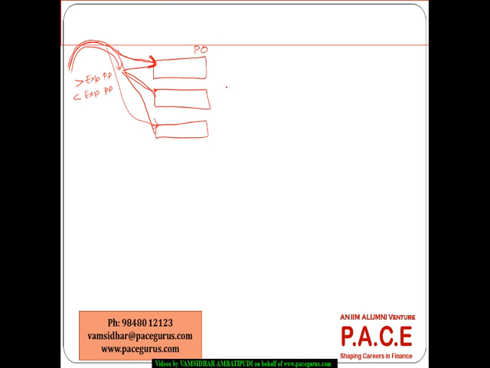Some kind of a structure like this can be designed with respect to the interest and the principal payments that are coming from borrowers. They can be structured in different ways so that one party is getting the loan paid off very quickly, the other party is getting the loan paid off at a much later point in time. So the claim on the interest and the principal is repackaged for the different groups.